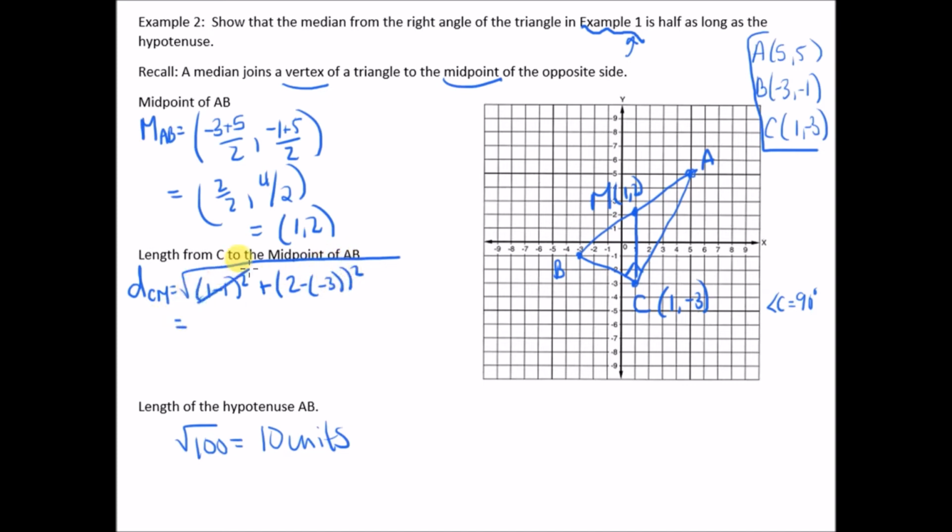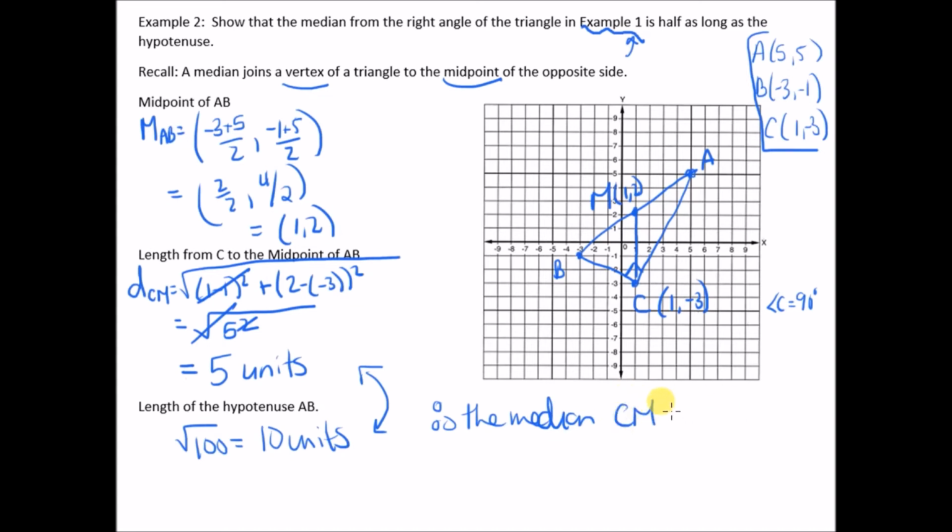Okay, 1 minus 1 is just 0, so we simply have 5 squared. Okay, we don't actually even have to write 25. We can just cancel out the squared in the root, and we have 5 units. Okay, so if we compare these 5 units and 10 units, we can say, therefore, the median, CM, is half as long as we can either say AB or the hypotenuse.